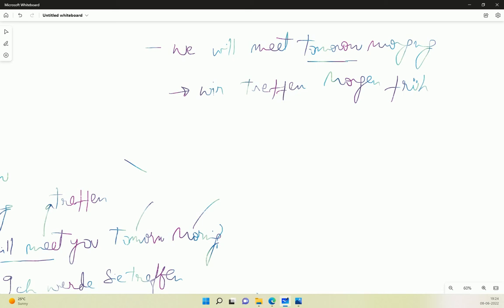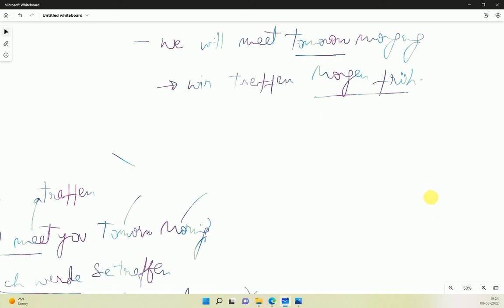There are many cases wherein you'll land in a pit if you approach by transliteration. Many times there may be an entirely different word or phrase available in German for the entire sentence. So we will meet tomorrow morning converts to wir treffen morgen früh. Otherwise, it can also be treffen wir morgen früh oder treffen wir uns morgen früh. There are multiple options, but morgen morgen is definitely wrong. So we have to use morgen früh.